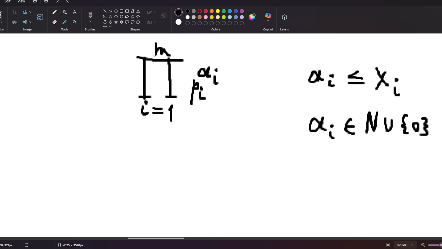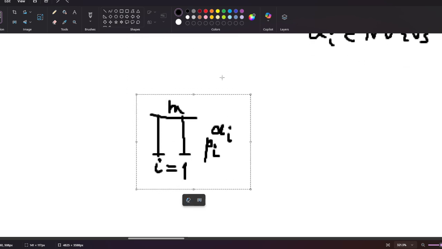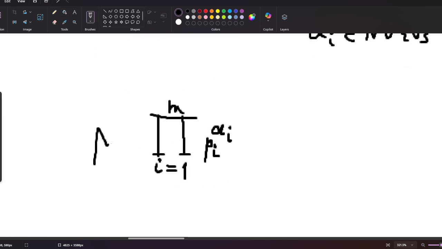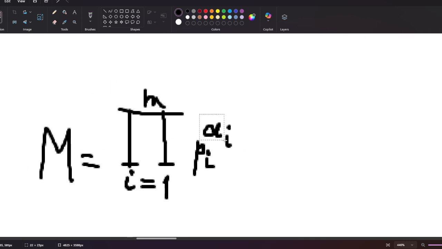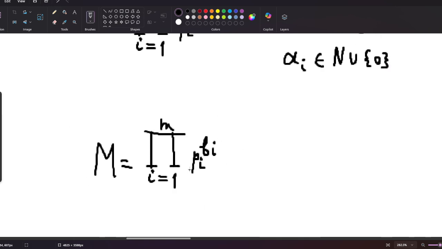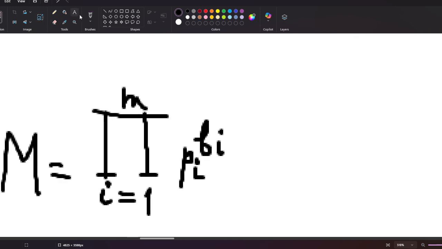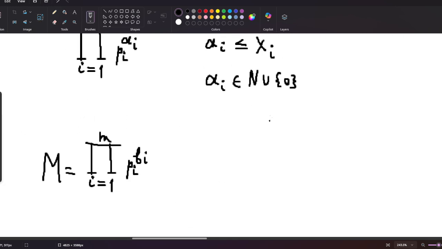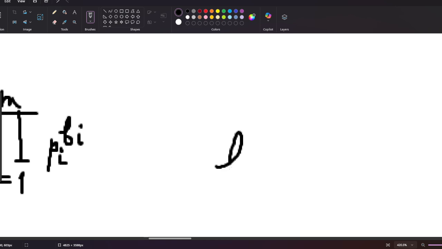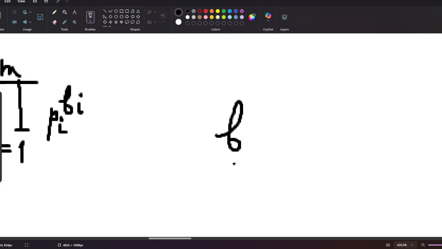Let's say that the product of all divisors is capital M. It's equal to the same primes but with some other sequence. Let's call it b_i. Now we need to find b_i.